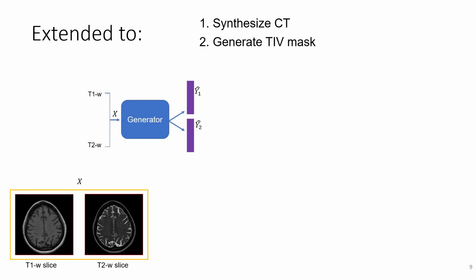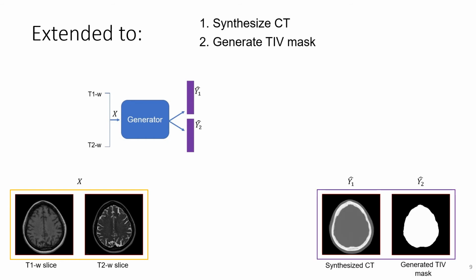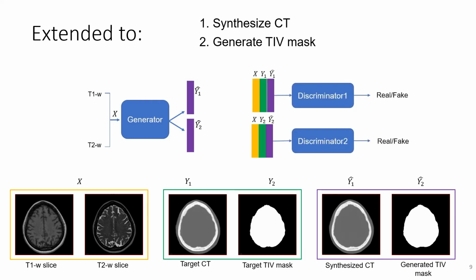The generator network then tries to output two images, that is, the CT and the mask. Each generated output is then passed to a separate discriminator head along with the source input and source target image. Here, the discriminators try to evaluate if the generated image is fake or real. In the next slide, we'll be expanding the generator architecture.